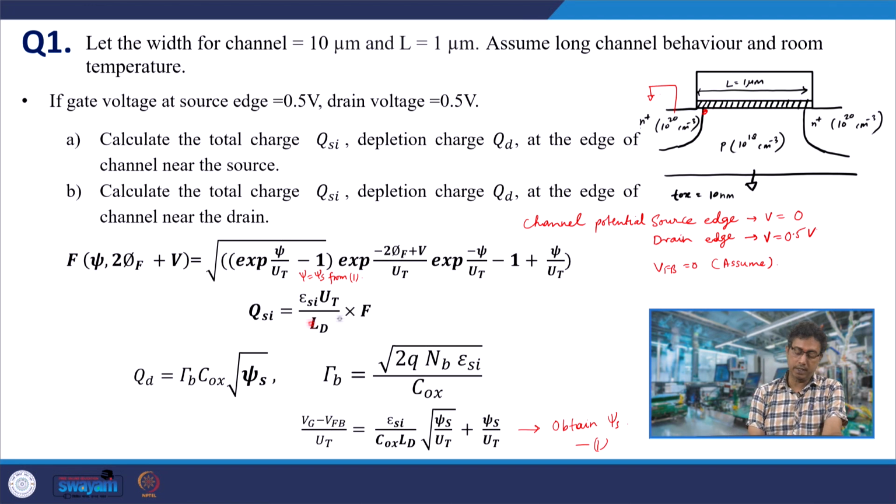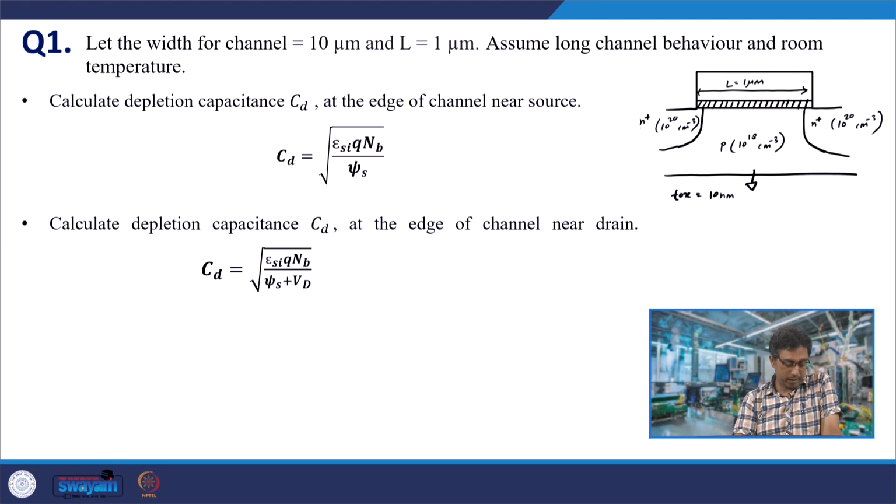This is then the total silicon charge, and this is the depletion charge, where you calculate the body effect factor like this. This NB is 10 to the power 18 per centimeter cube. The depletion capacitance is simple, you just substitute into this. At the edge of the drain, you will have the local channel potential also added into it.